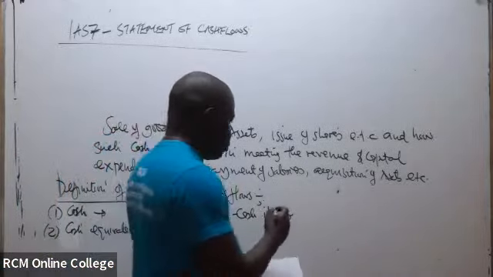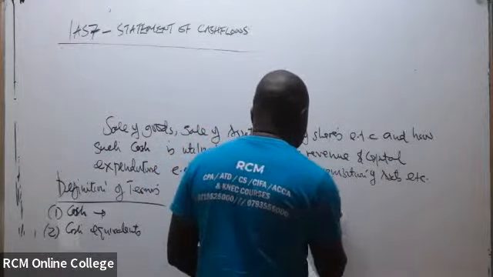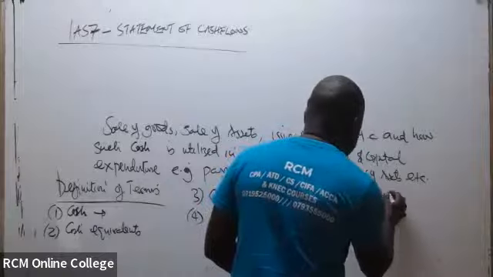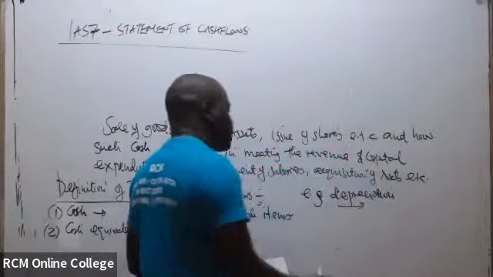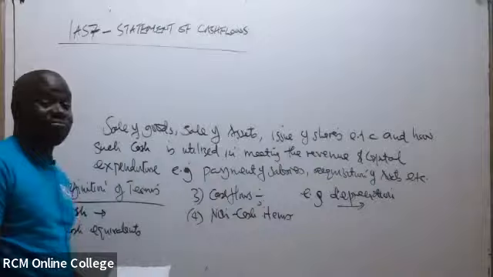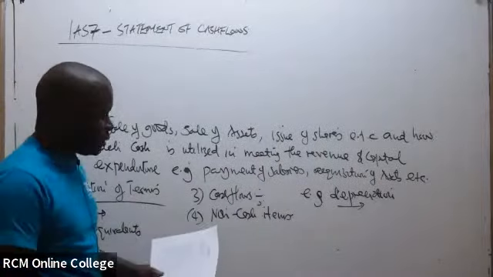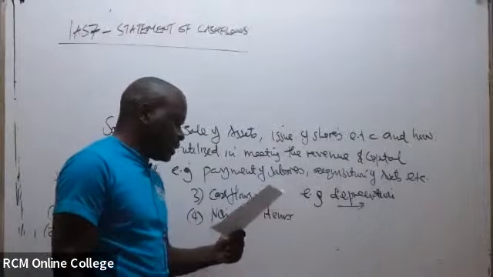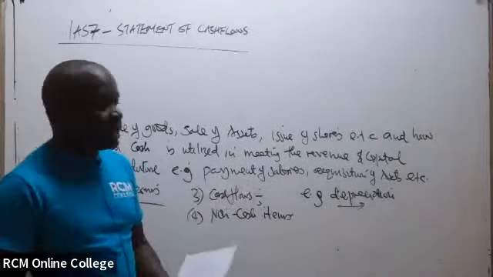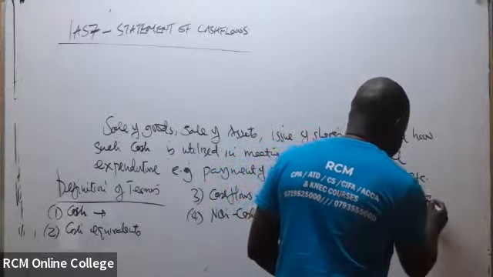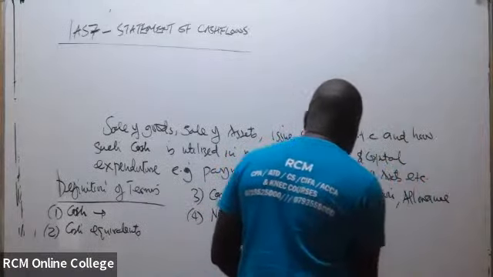I'll give an example, e.g., depreciation. You normally recognize it as an expense, but ideally, there's no money that has gone out of the business. It's just the loss of value of an asset, but you haven't paid any money out. So it's a non-cash item. Depreciation, allowance for doubtful debts, allowance for bad debts: they don't involve cash having to go out.